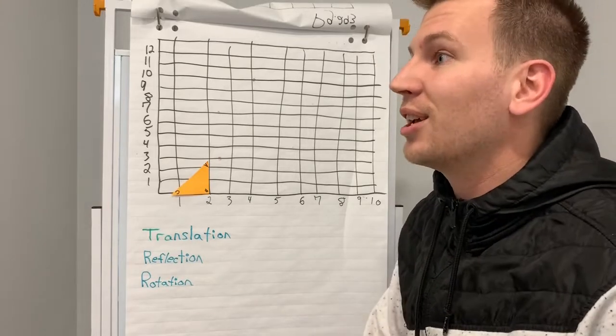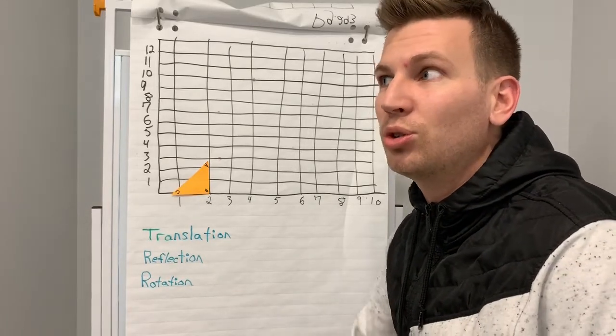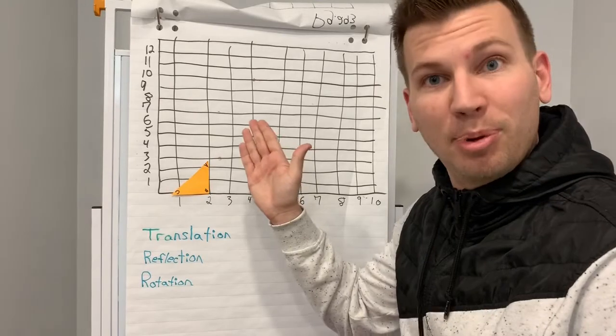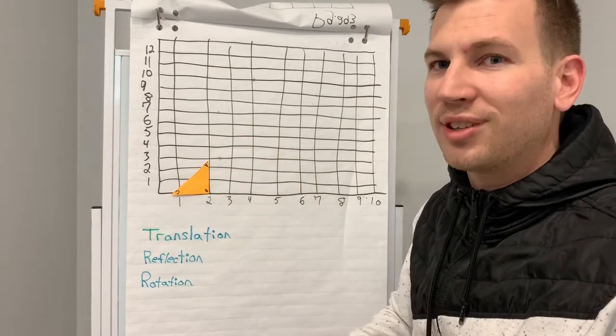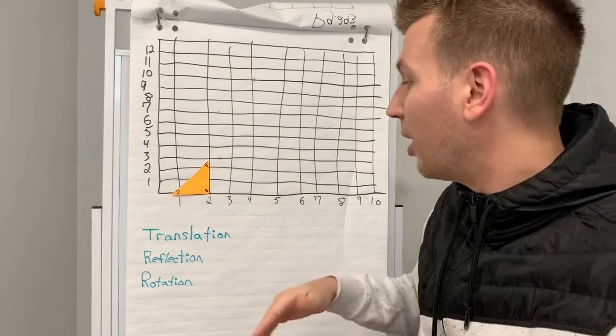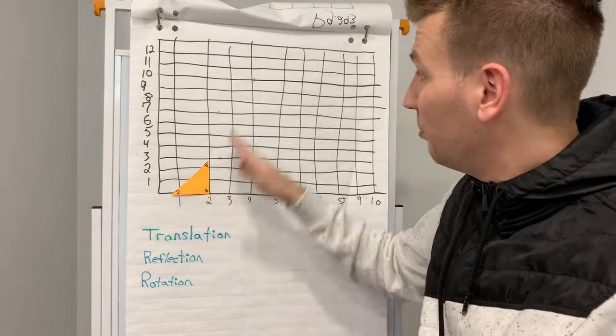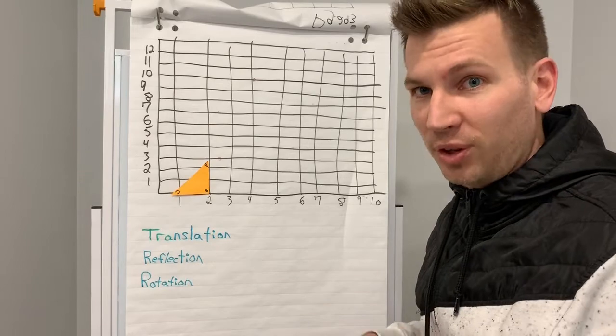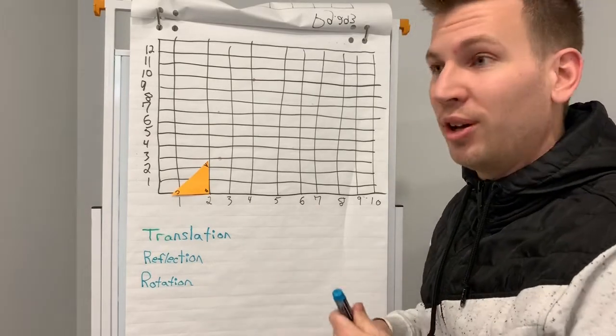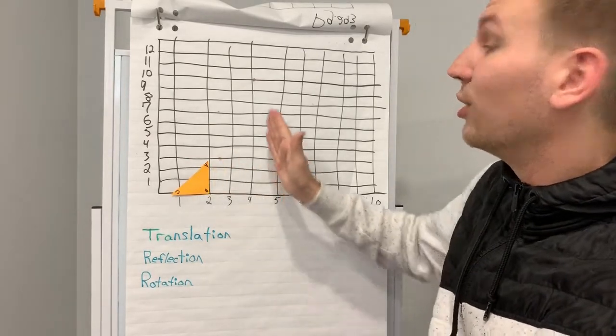So let's just say your pattern, you want it to be 2 over and 2 up. If I decided to go 2 over and 2 up, we are going to translate this to another part of the page. So I'm going to say 2 over to the right and 2 upwards.